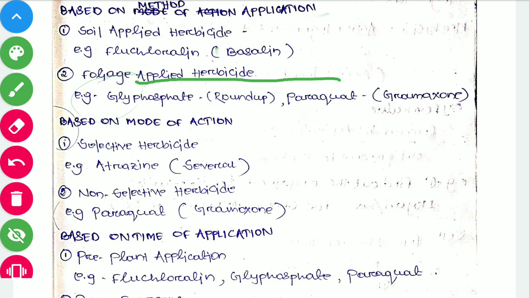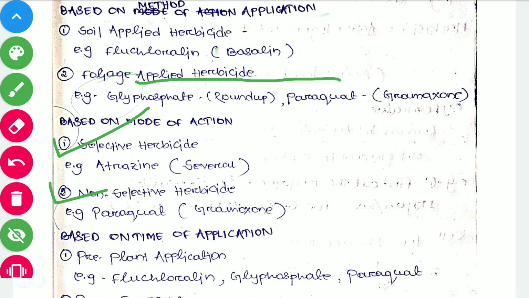Then come to based on mode of action. Based on mode of action, one is selective herbicide and another is non-selective herbicide. Here we will first know what is selective herbicide. When we grow a crop, there may be weeds that start growing.